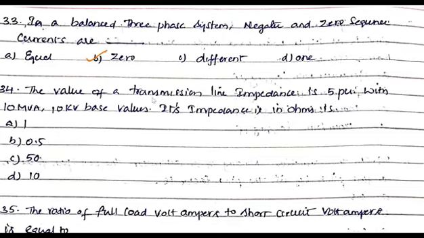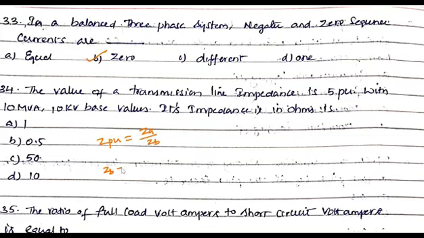Next one, the value of a transmission line impedance is 5 per unit with 10 MVA, 10 kV base values. Its impedance in ohms, you need to calculate here. So how are you going to do it? The first formula, a standard question for electrical engineering papers: Z per unit is Z actual value by Z base value.